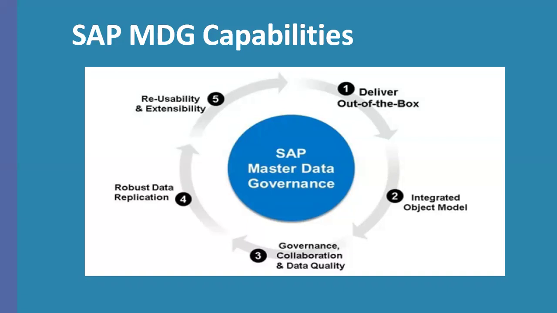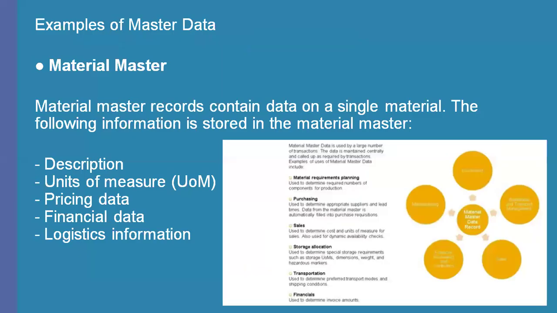Earlier, what was happening, let's say you want to create some material, you need to send a mail to the procurement department, you need to send a mail to finance department, you need to send the mail for sales department to get their approvals. But now it's a very single window activity. Okay, so that is the second pillar.